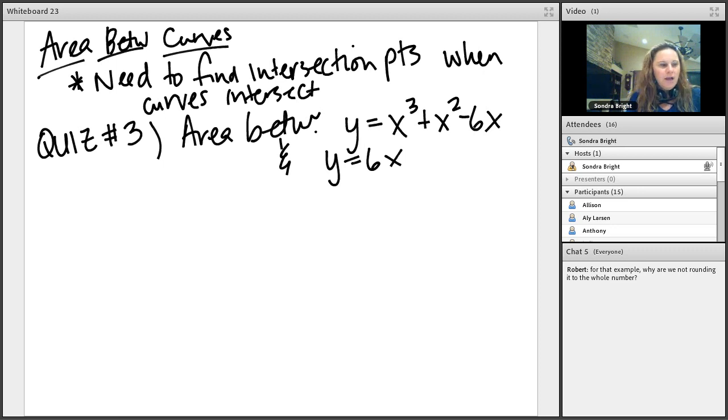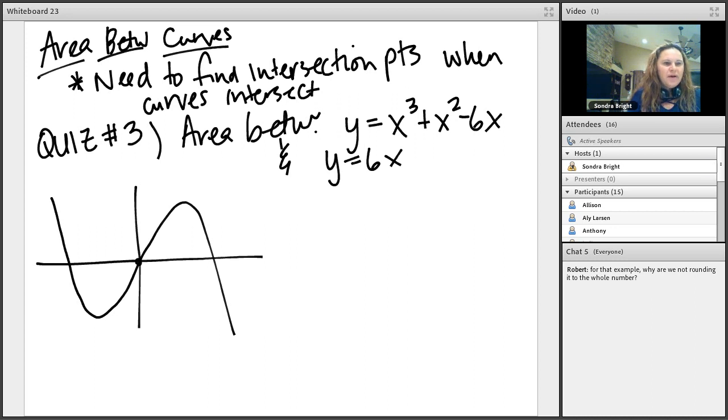But what ends up happening is this picture looks like this. The cubic goes something like this. And then the y equals 6x is a straight line with slope 6.